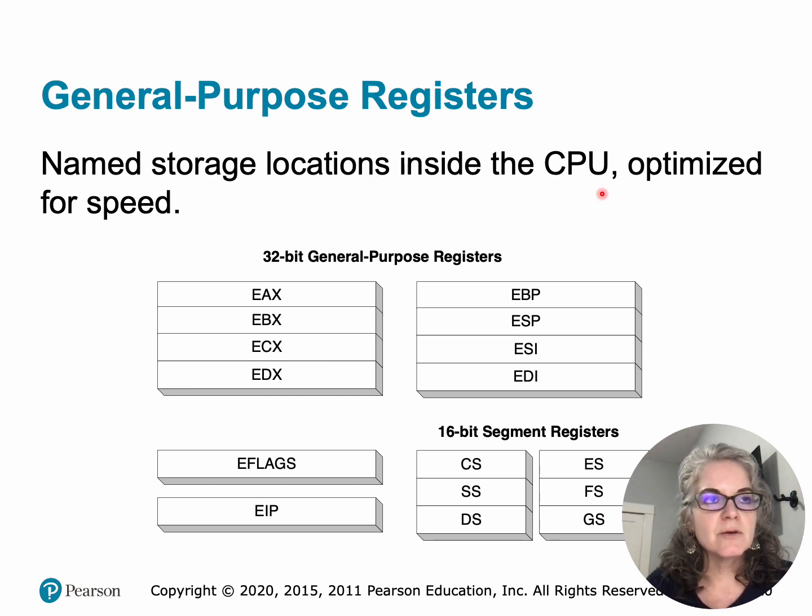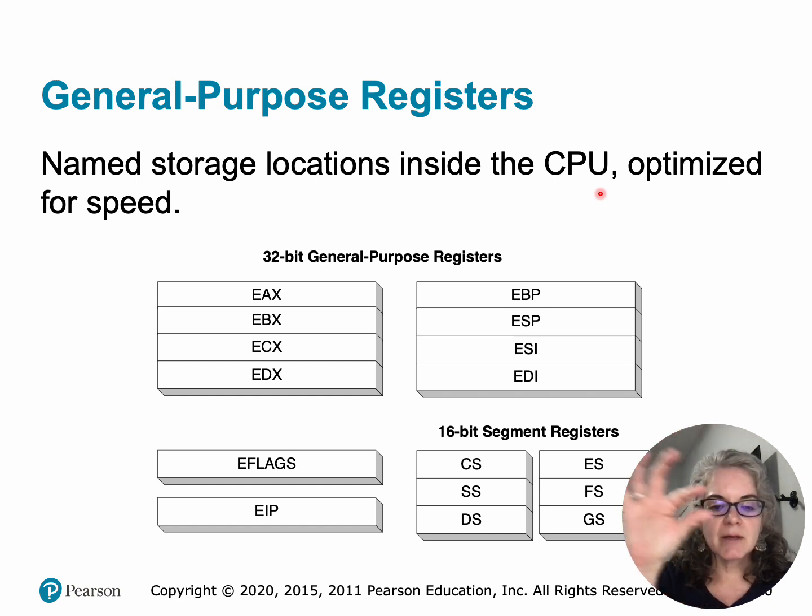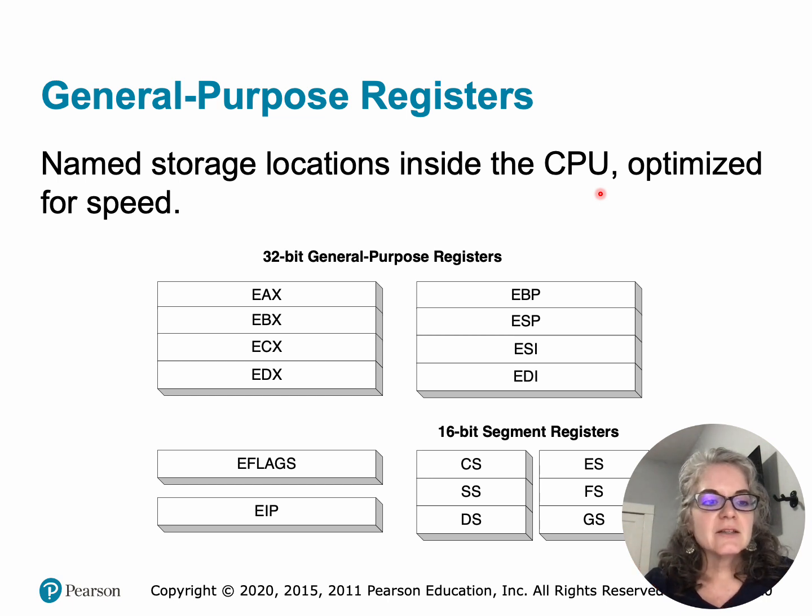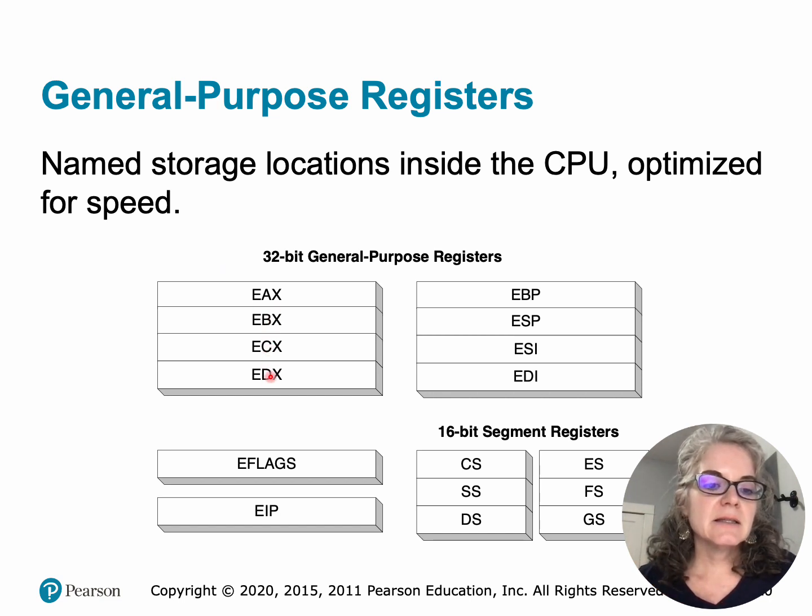So we saw in one of the previous slides that the CPU has registers, the ALU, the arithmetic logic unit, the control unit, and the clock. The registers are optimized for speed. So the registers are on the CPU. We can access those registers. We can program them using assembly language. So we can actually store data in these registers.